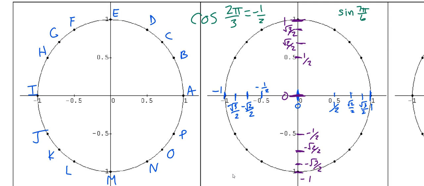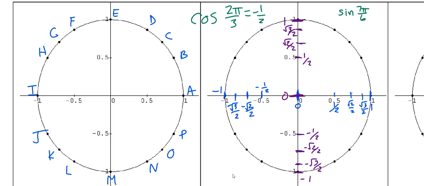Maybe I'll put that one up on the screen too so you can identify the letter first, if that would help you when you're talking to your neighbor. Find 7 pi over 6. Which letter represents 7 pi over 6? J, right? Now, is sine an x value, a y value, or a slope? It's a y value.